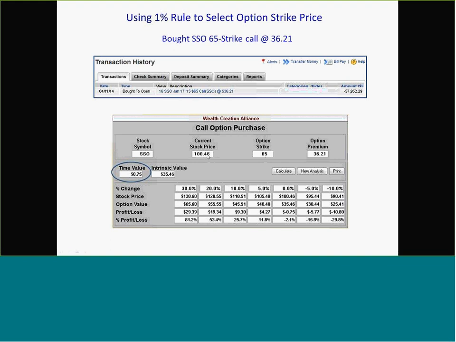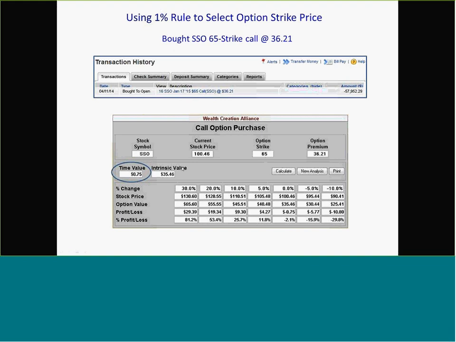So if I put in the current stock price, and in this case I bought the 65 strike call, put the option strike price in there, and the premium we paid, and click calculate, it'll calculate the profit potential for this trade, assuming various price changes in the ETF at option expiration, in this example from a 30% increase to a 10% decrease. And it'll also calculate the time value portion and intrinsic value portion of the option.